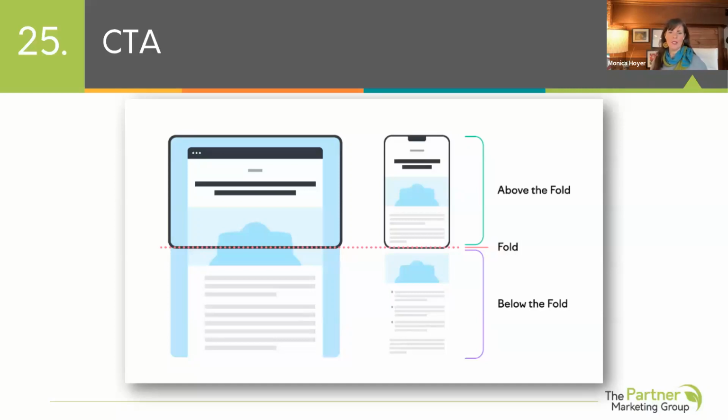If it's all the way at the bottom, you're putting faith in the fact that somebody's going to read through the whole thing. And sometimes they do, sometimes they don't. So do some testing, see where it makes sense for you to put it, but definitely put a button on your website and in your emails above the fold in that first screen that they see, so they don't have to scroll to find it.